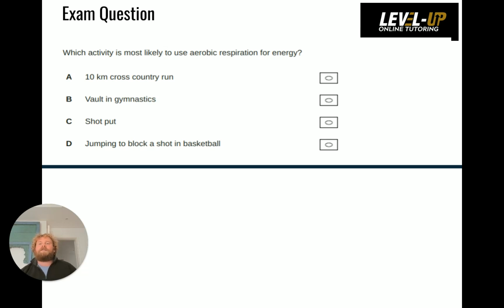To start off with, which activity is most likely to use the aerobic respiratory system for energy? Now, a reminder of the key word is aerobic.